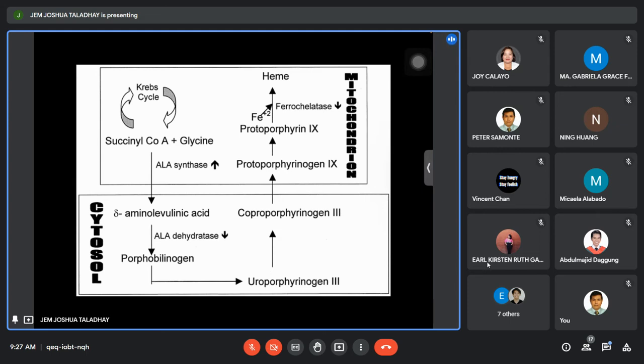Therefore, a disorder in the liver would affect the heme synthesis. It would affect the production of heme if the hepatocytes are destroyed or if there is dysfunction in the liver cells po. So if the liver is affected, it would also affect the synthesis or the formation of heme.